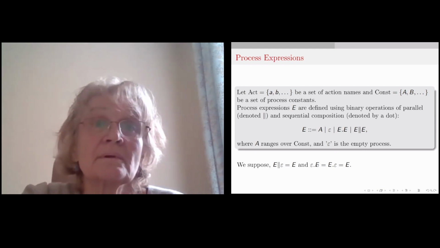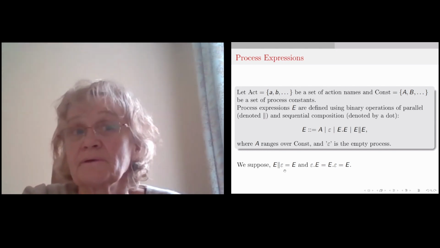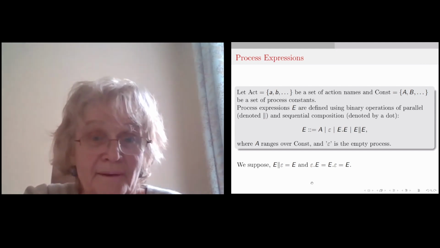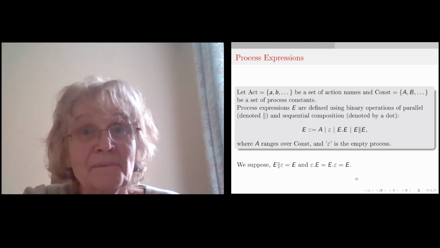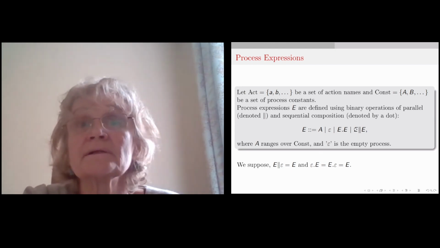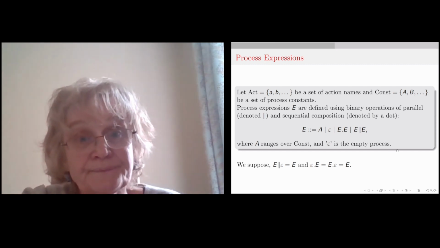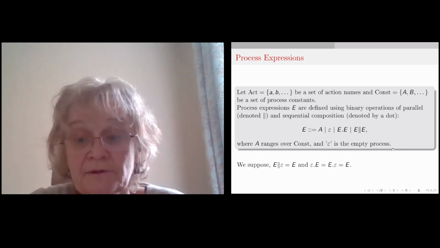We suppose that this invisible action is like a zero or neutral element, and we also have that our parallel composition is commutative. So this is a simple language for describing expressions.